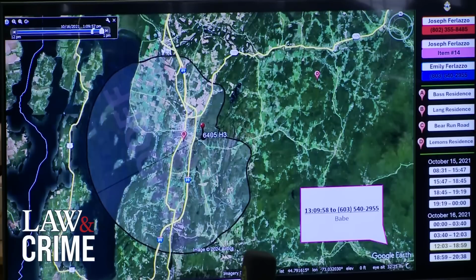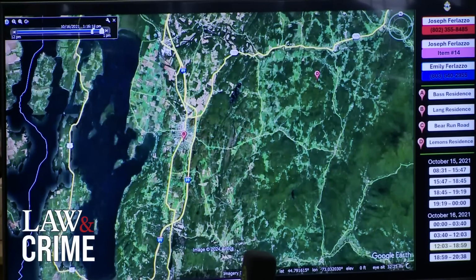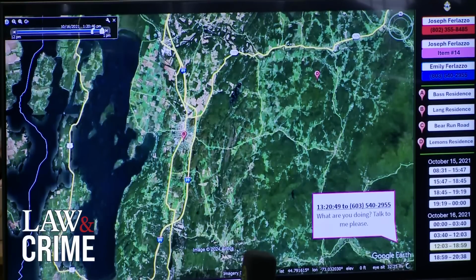And I could see that cell site usage now. That H plane encompasses the Lang residence. So everything's kind of corroborating itself.